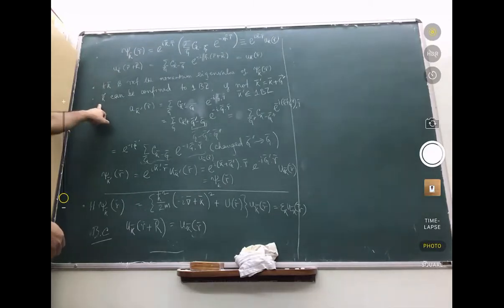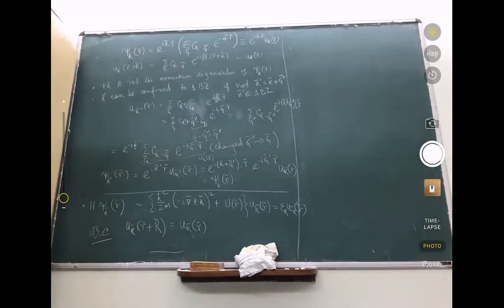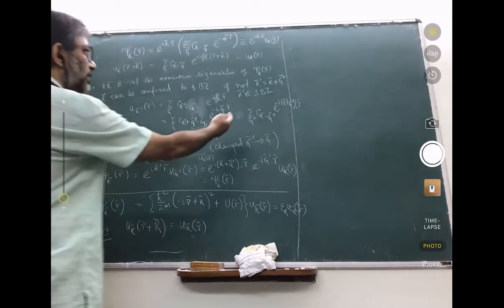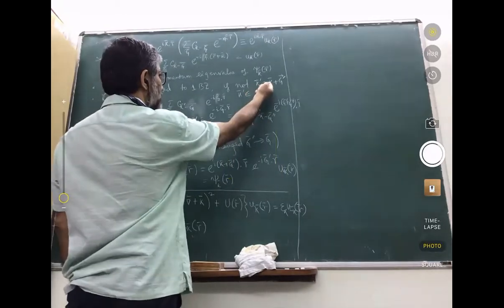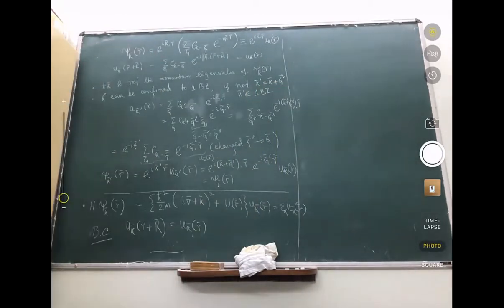And k can be confined to the first Brillouin zone. This is fairly simple. So if k is not in the first Brillouin zone, then I can write a k primed, which is in the first Brillouin zone, such that k plus some reciprocal lattice vector g primed is equal to k primed.